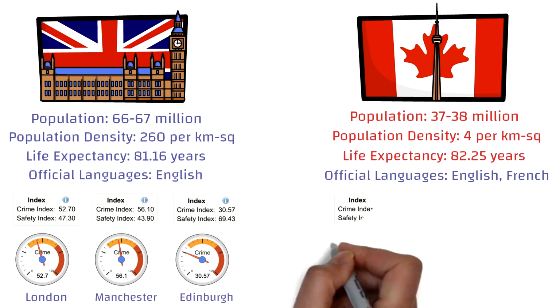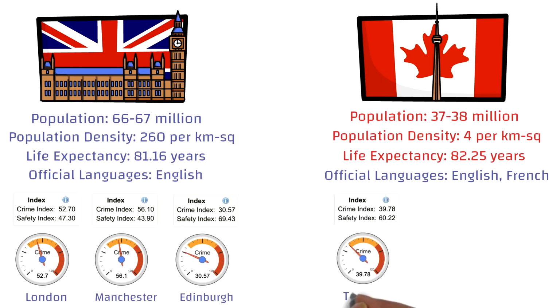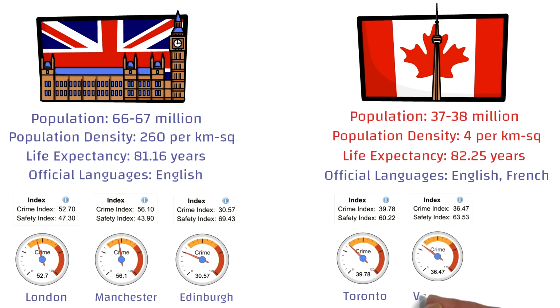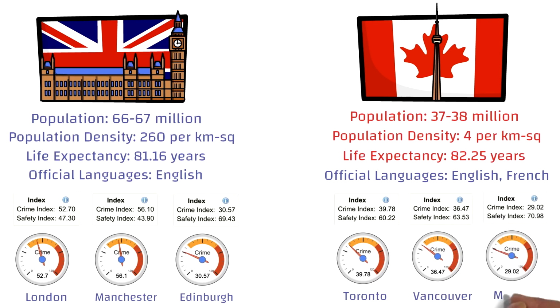The crime index for Toronto is close to 40. For Vancouver, it's close to 36, and for Montreal, it's only 29. So out of these six cities, Montreal is the safest place. But overall, if you compare the UK cities with the Canadian cities, Canada is much safer, at least looking at these six cities.